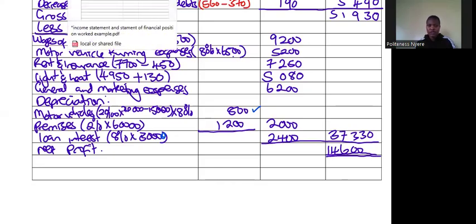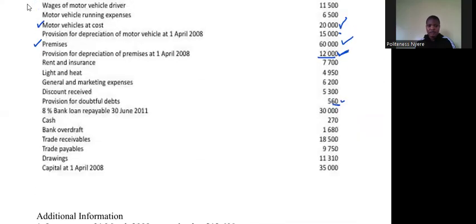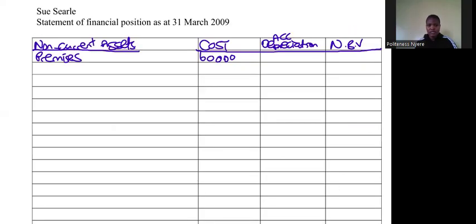So 12,000 plus 1,200 gives us 13,200. The difference, 60,000 minus 13,200, gives us 46,800. Then we move on to motor vehicles.